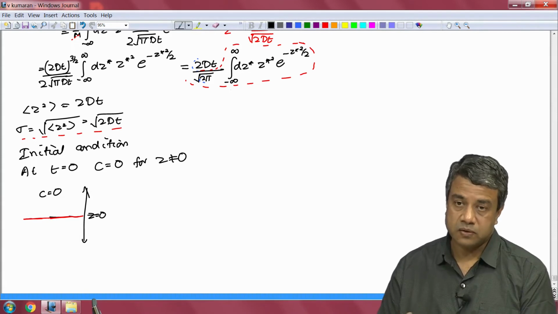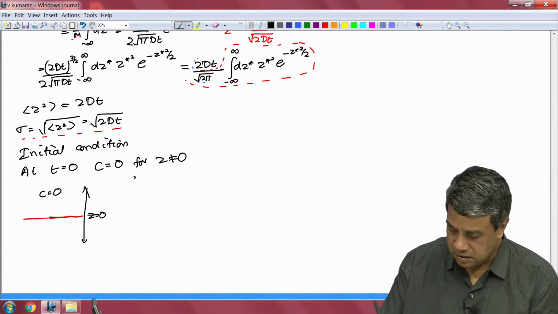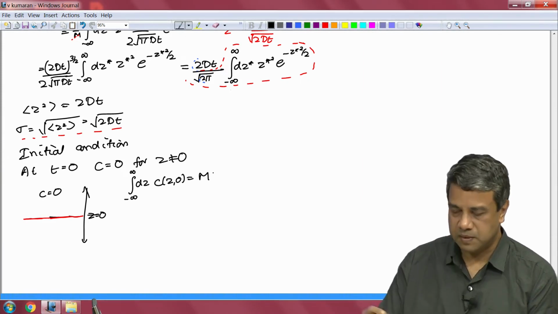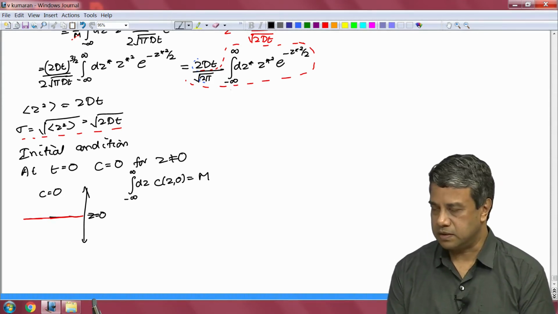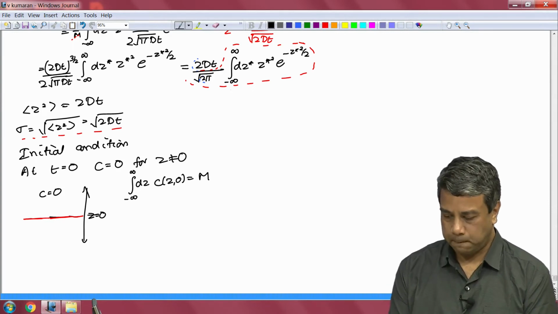It will be non-zero only at z equal to 0, and I have the integral condition: the integral from minus infinity to infinity of dz times c of z, 0 is equal to the total mass injected per unit area.